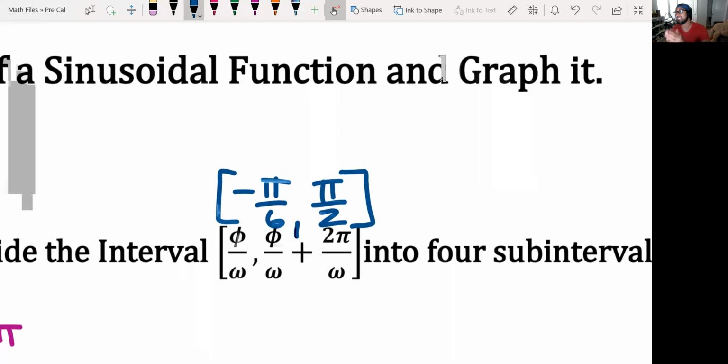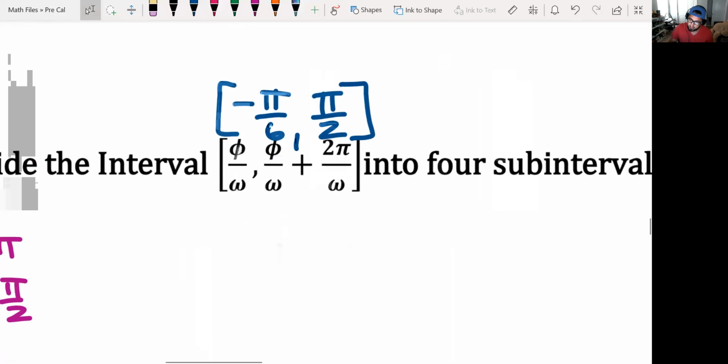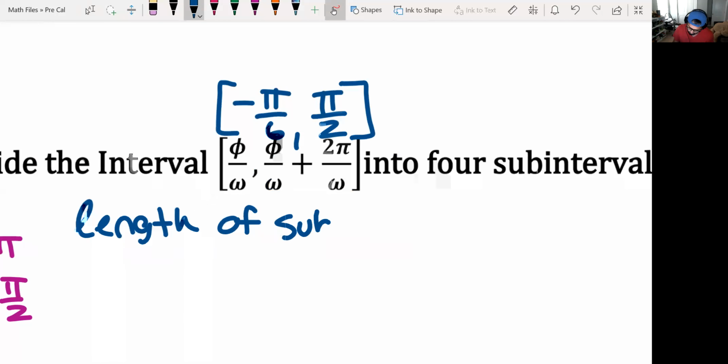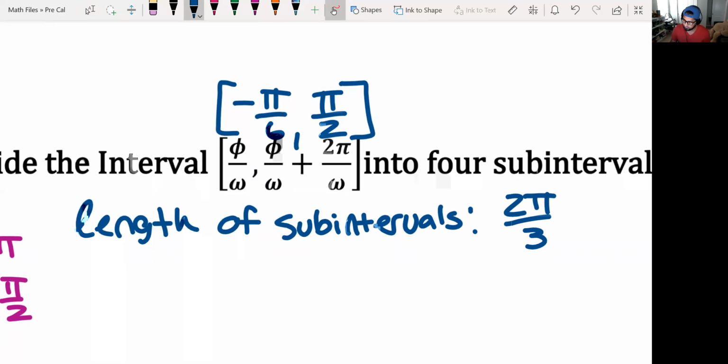Now we must split this into 4 subintervals. So you must remember that one formula to find the length of the subintervals. You still take the period we found, 2 pi over 3, and divide it by 4.